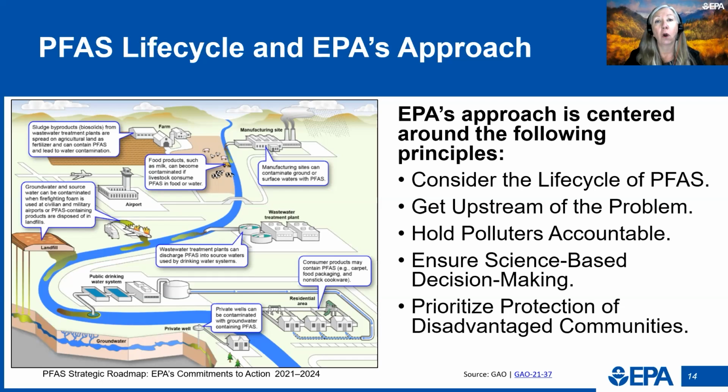Third, hold polluters accountable for their actions and for PFAS remediation efforts. Fourth, ensure science-based decision-making. EPA is investing in scientific research to fill gaps in understanding PFAS. And fifth, prioritize protection of disadvantaged communities. When taking action on PFAS, EPA is ensuring that disadvantaged communities have equitable access to solutions. And this principle of protecting communities is a critical reason on why we're here tonight. Next slide, please.